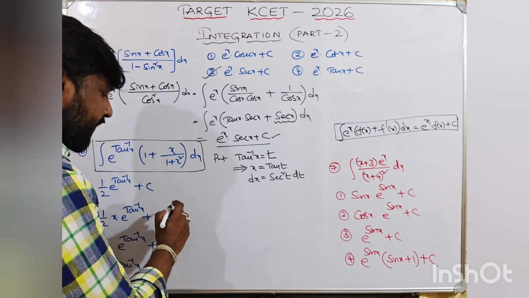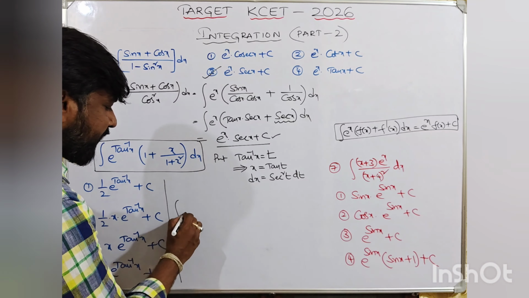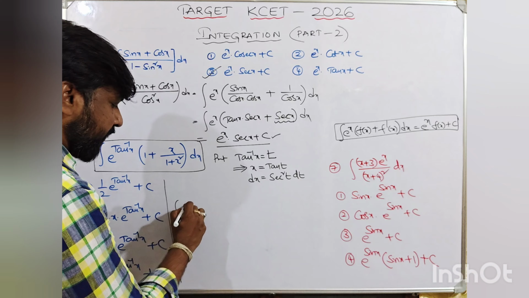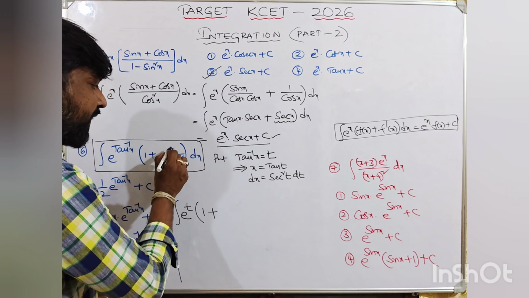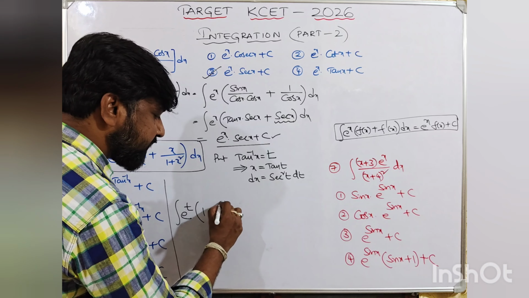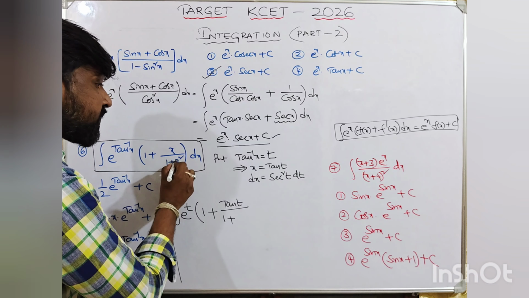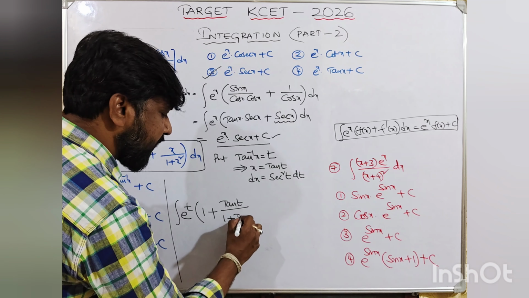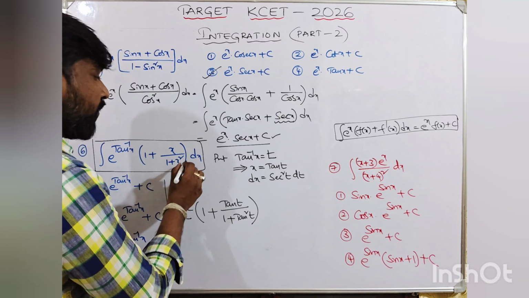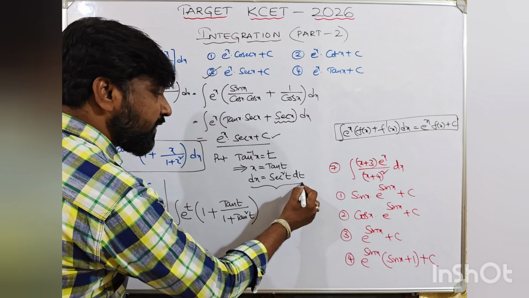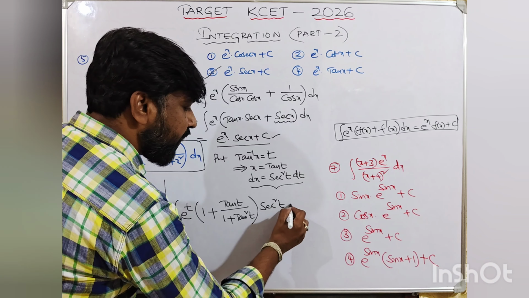Now you are going to write integral e power tan inverse x, which is nothing but e power t, into (1 plus x) by (1 plus x square). The value of x is tan t, so (1 plus tan t) by (1 plus tan square t) into dx, which is secant square t dt.